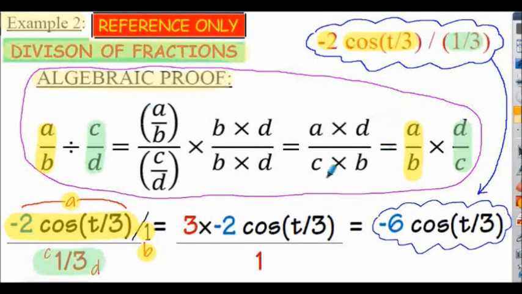Following the algebraic proof, we can turn the division sum into a multiplication sum by still having the a upon b on the top line, but notice we inverted the c upon d fraction. We now have d on the top line and c on the bottom line. So now we've turned our division sum into a multiplication sum. Our solution will be 3 multiplied by -2, so it's -6 multiplied by the cos of t upon 3. I've labelled the process on this slide to show you how we're using division of fractions to simplify our expression.